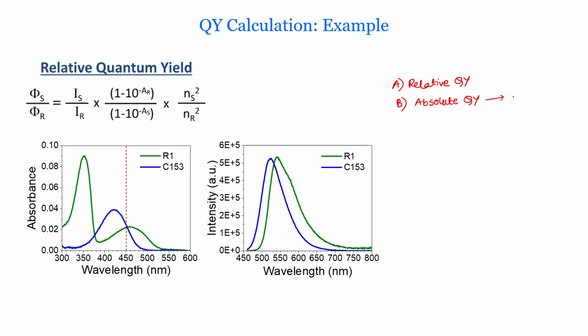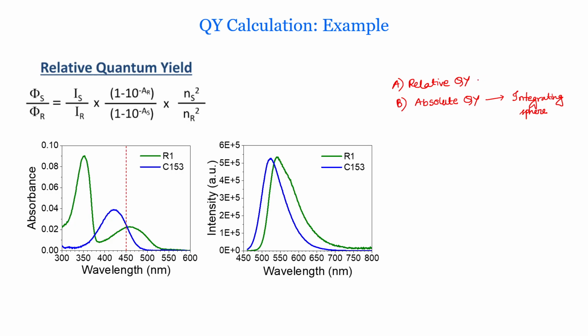For absolute quantum yield, you will need an integrating sphere, and the most common usage is the relative method.